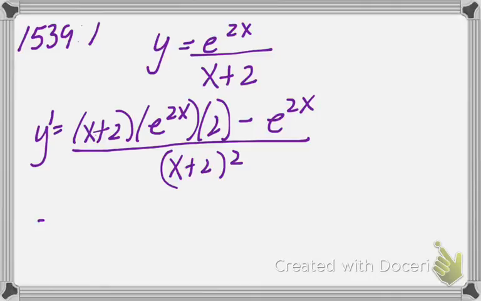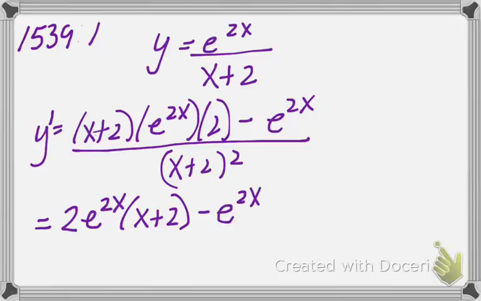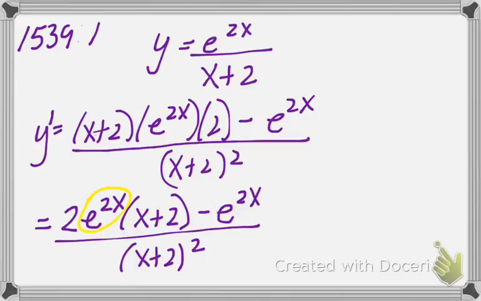And so I'm going to fix up that numerator a little bit. I'm going to put the 2, e to the 2x in front, all times x plus 2. Okay, and then hopefully you can see that there's an e to the 2x in this term and an e to the 2x in that term.